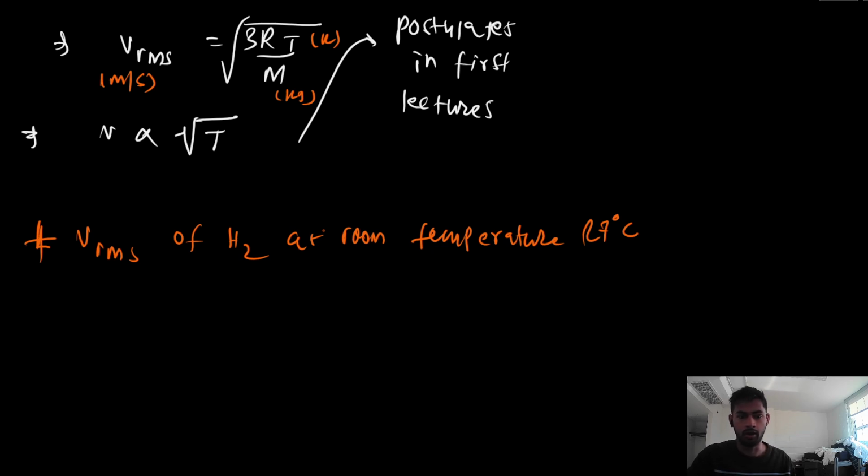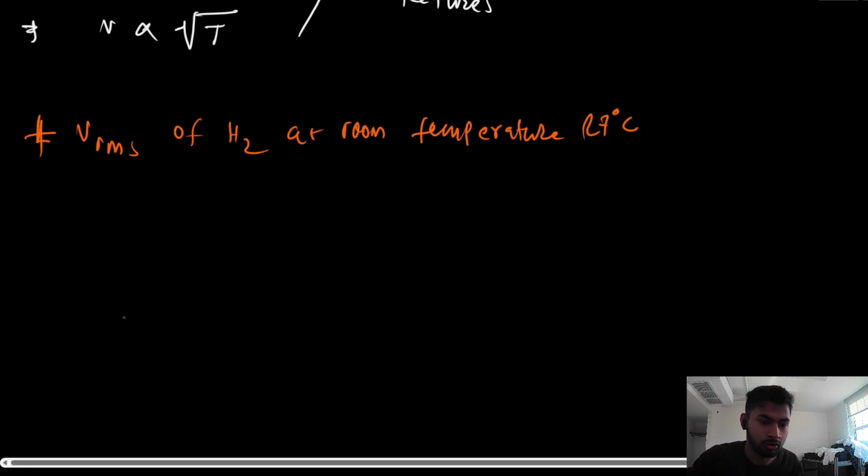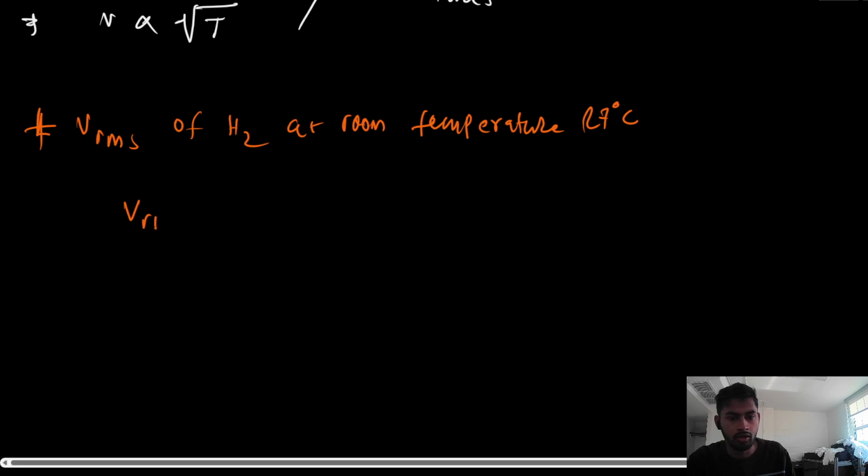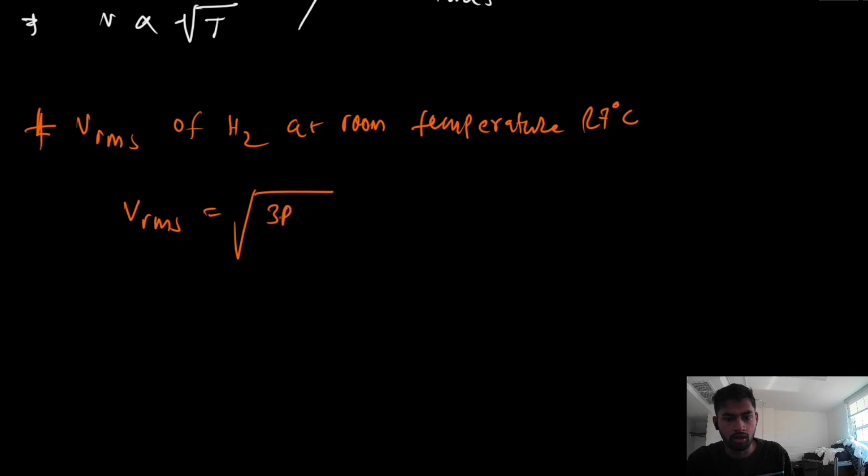So again, coming back to the problem, V root mean squared velocity would be root of 3RT by M, right?